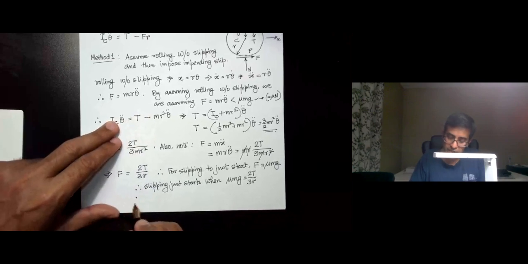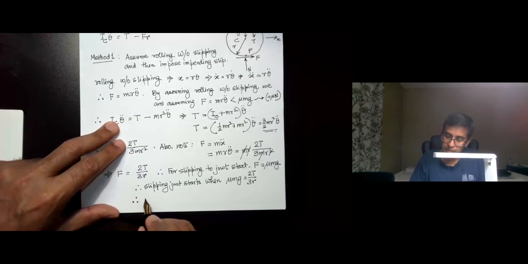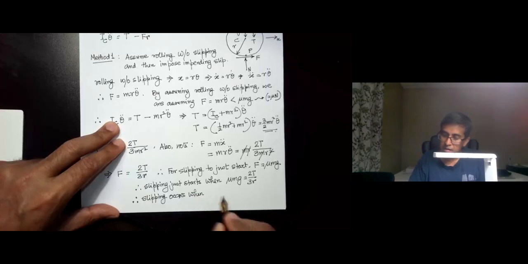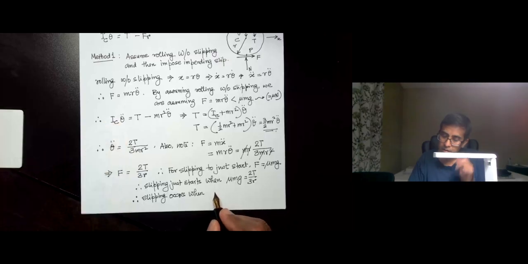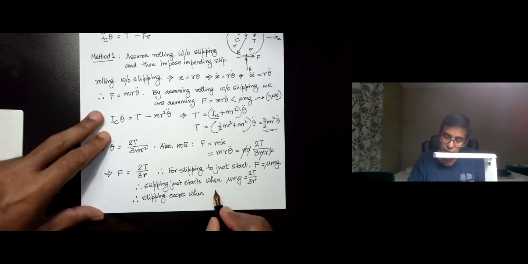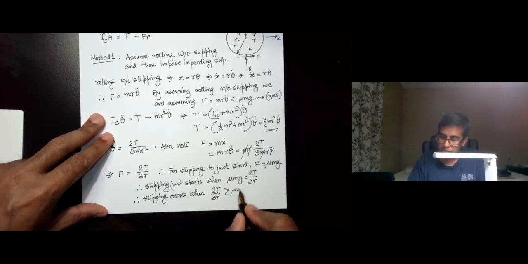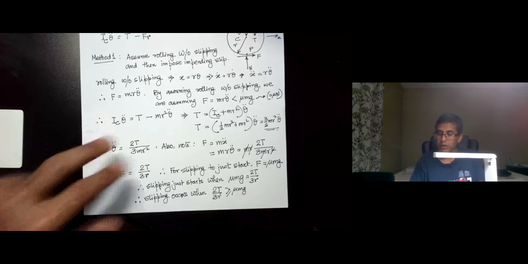You could also say that slipping occurs when the friction force 2T divided by 3r is greater than or equal to mu m g.